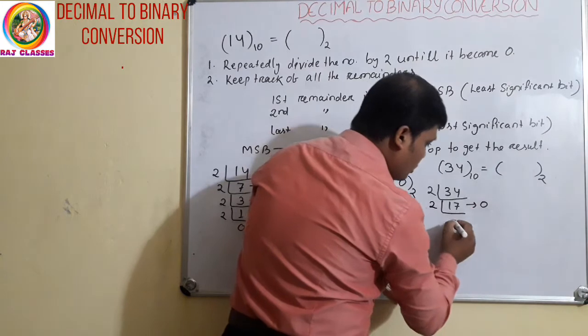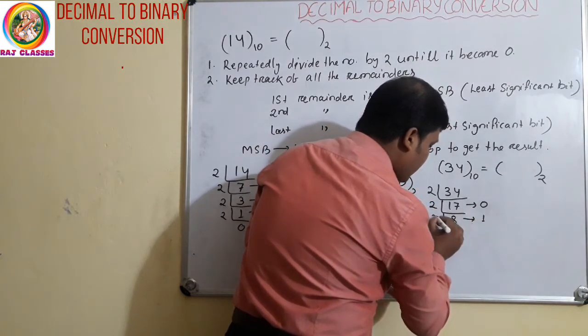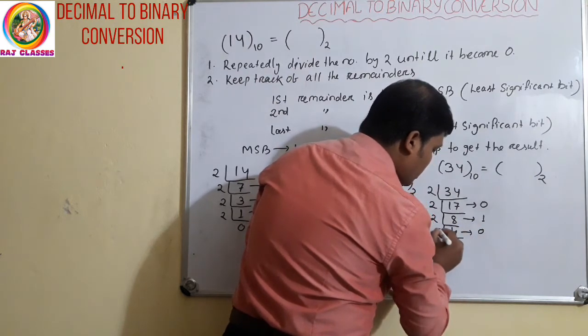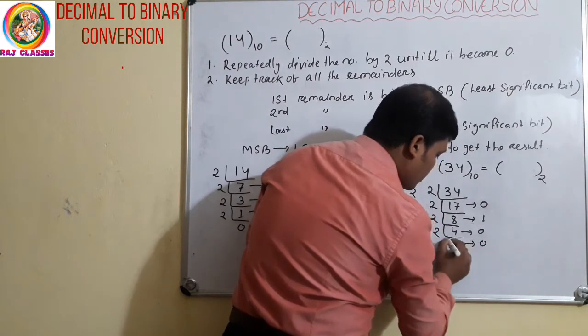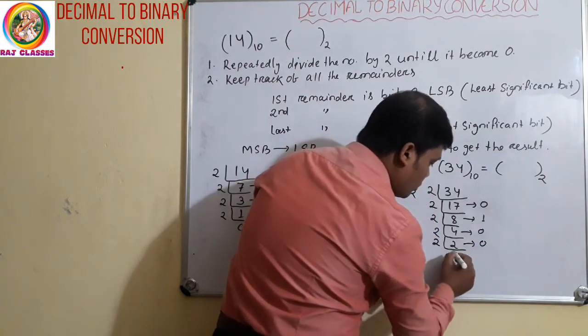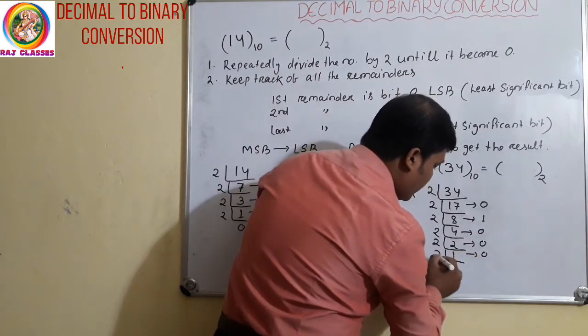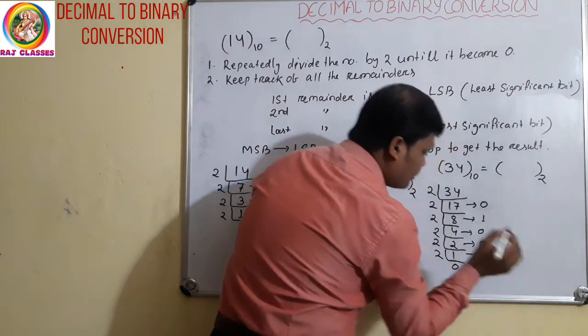Again divide by 2. 2 8s are 16. The remainder is 1. Then again divide by 2. 2 4s are 8. The remainder is 0. Then again divide by 2. 2 2s are 4. The remainder is 0. Again divide by 2. 2 1s are 2. The remainder is 0. Then divide by 2. 2 0s are 0, and the remainder is 1.